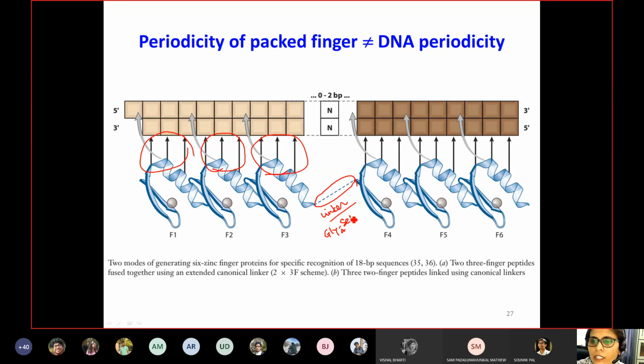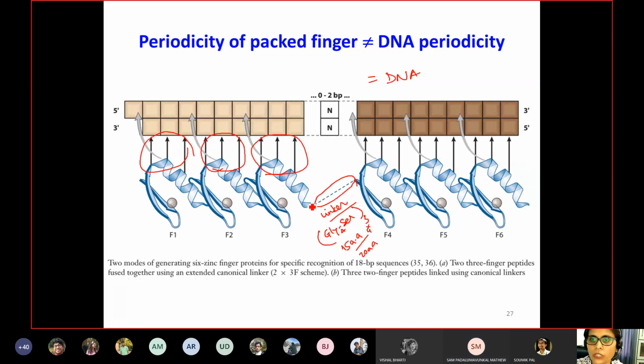This kind of linker they have used a number of times, for example 3 to 4 to 5 times. So that means they are adding a 15 amino acid linker or maybe a 20 amino acid linker to increase the flexibility, or to match the periodicity of the finger domain with the DNA periodicity. And that is what I meant to say here with the linker.